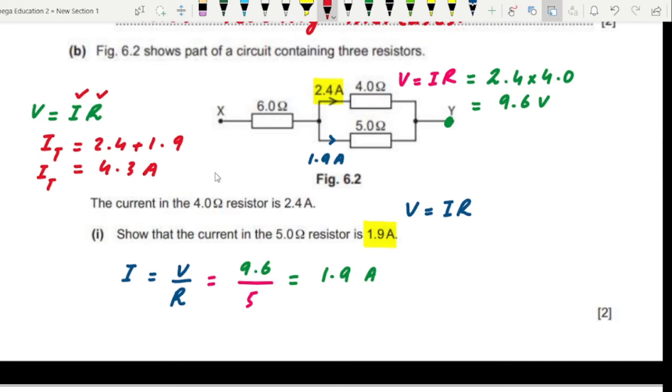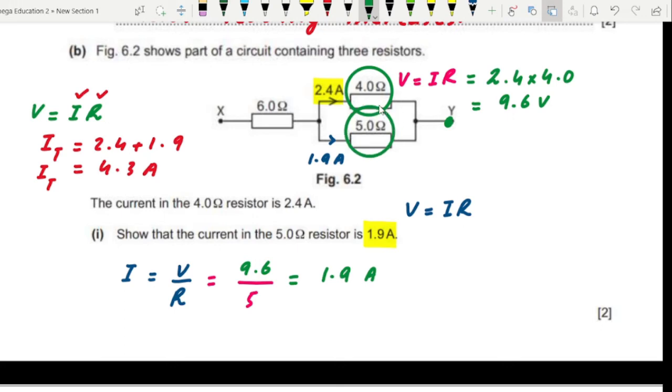Anyway, then the question is, how do we find the total resistance of the circuit between the points X and Y? Between the points X and Y, the resistors are connected in a compound connection. Compound means both series and parallel. So we sort out the parallel combination first. I have 2 resistors, one of them is 4 ohm, the other one is 5 ohm.